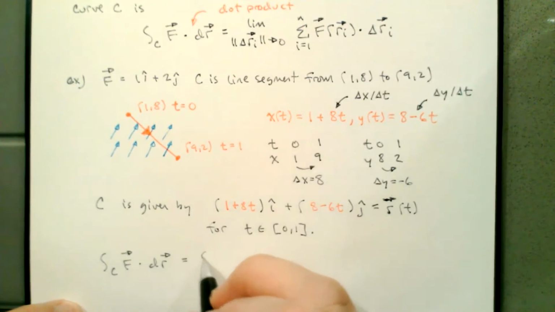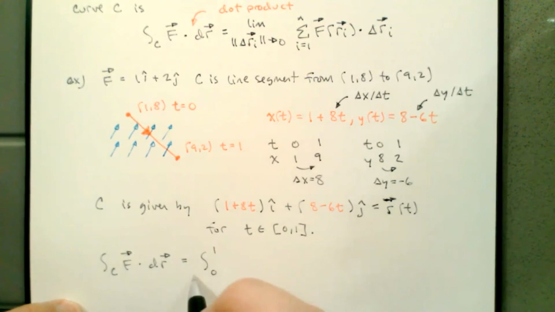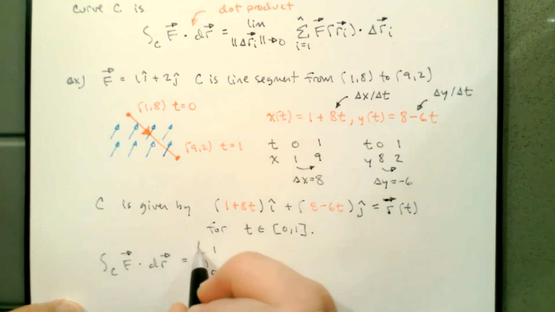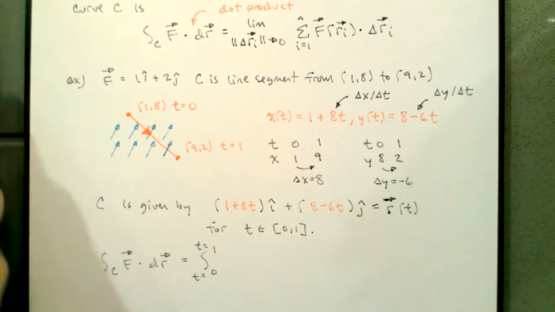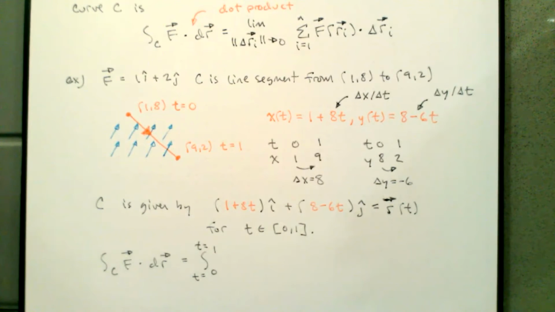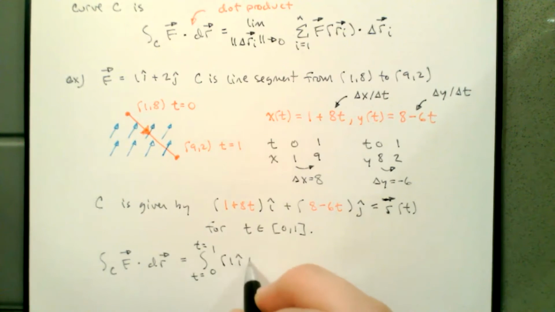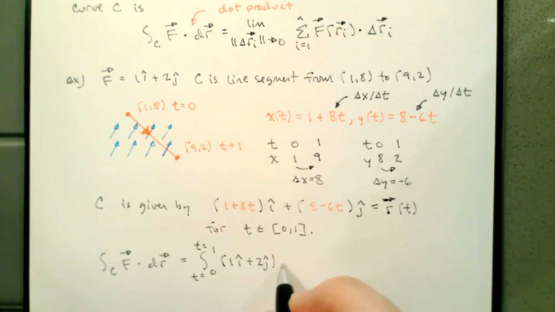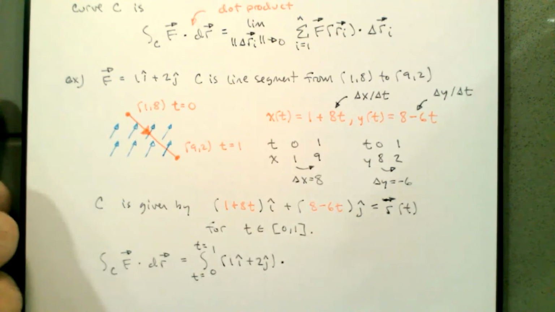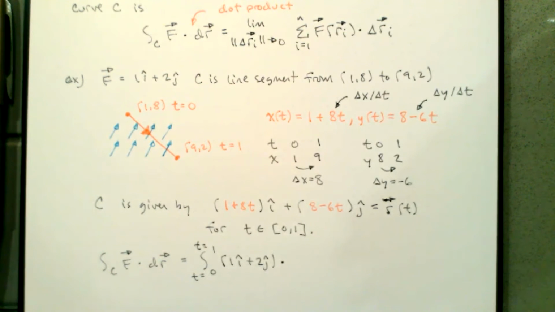So this is going to be the integral from 0 to 1, so we're writing a dt integral. Our vector field F is still just 1i plus 2j. And we need a dot product, not with r of t, but with dr.